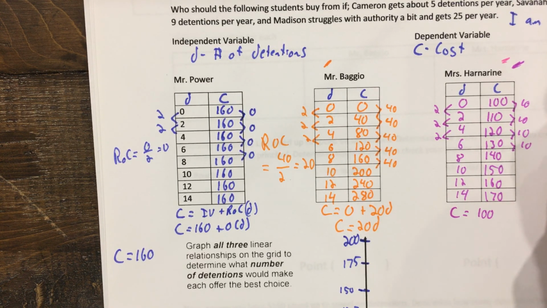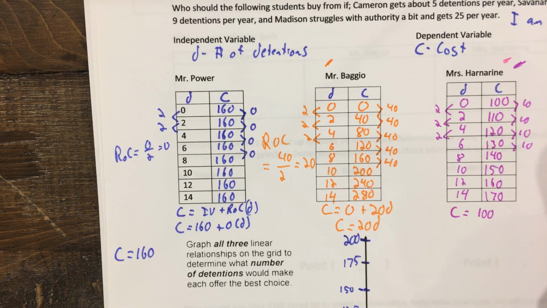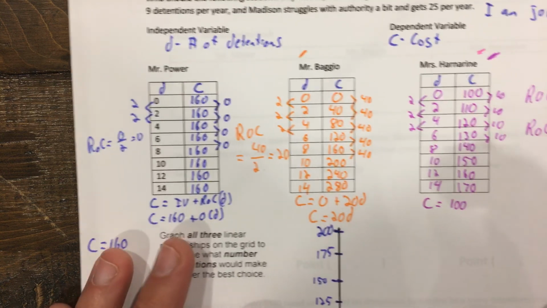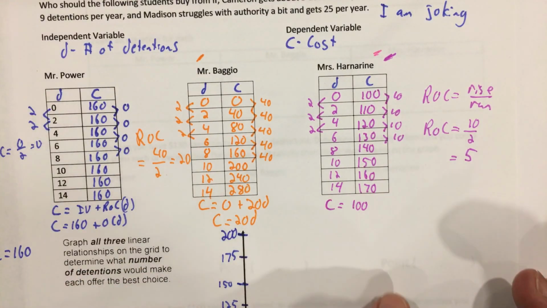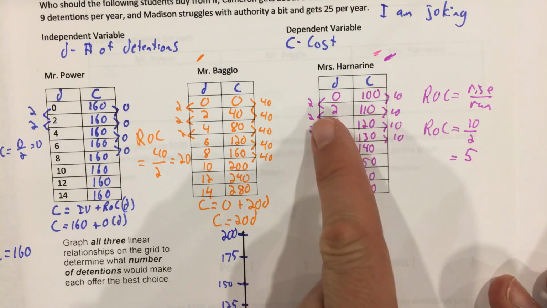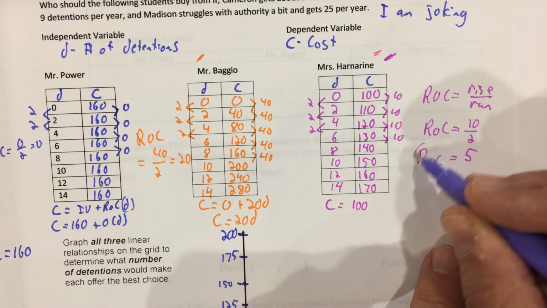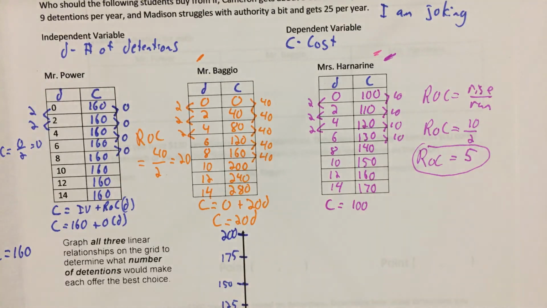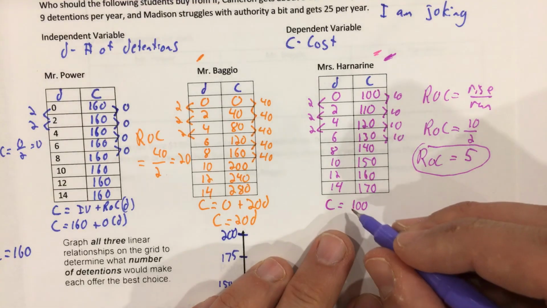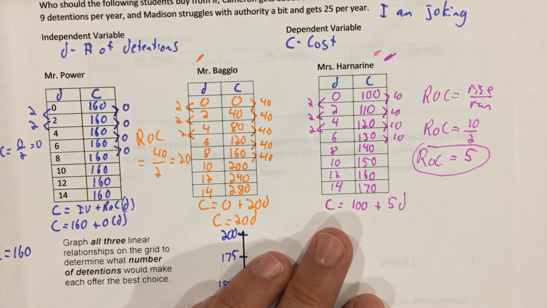The rise is 10, the run is 2, 10 divided by 2 is $5 a detention. Just realized you couldn't see that. Okay, sorry. So the rate of change is rise over run, 10 over 2, which leaves the rate of change equal to 5. So Miss Harnrein's is $100 plus 5 times the number of detentions.